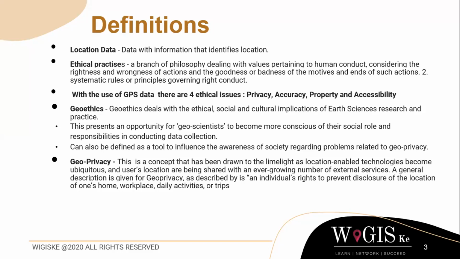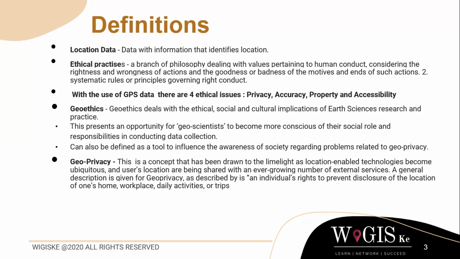Geoprivacy is a concept where we look at a lot of technologies automatically gaining access to your location information, and this location information picks up identifying information about different users. Generally, geoprivacy can be defined as the individual's right to prevent the disclosure of their location.